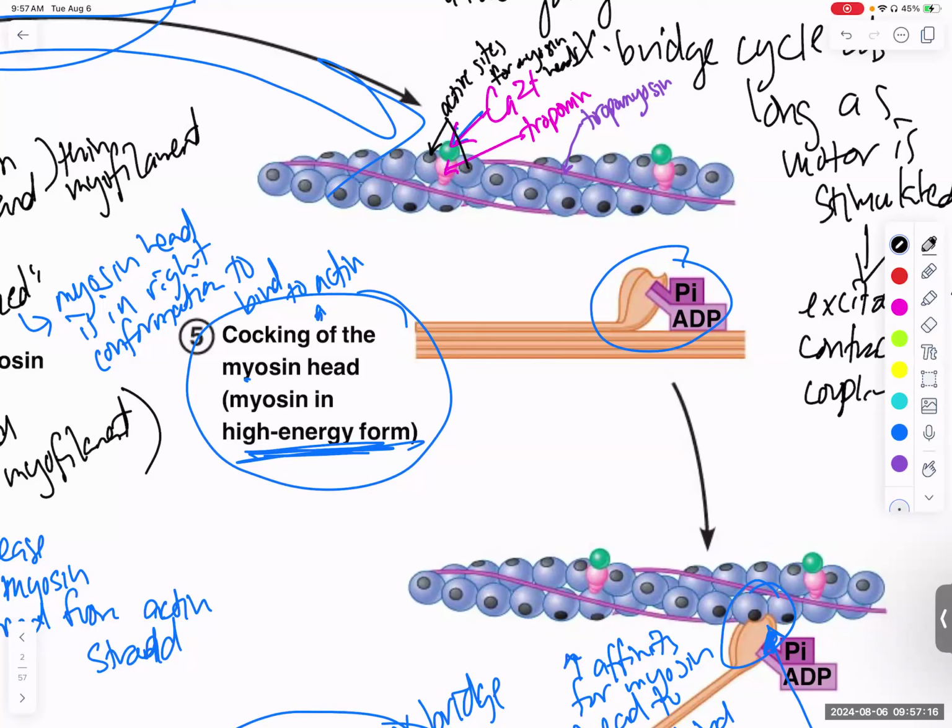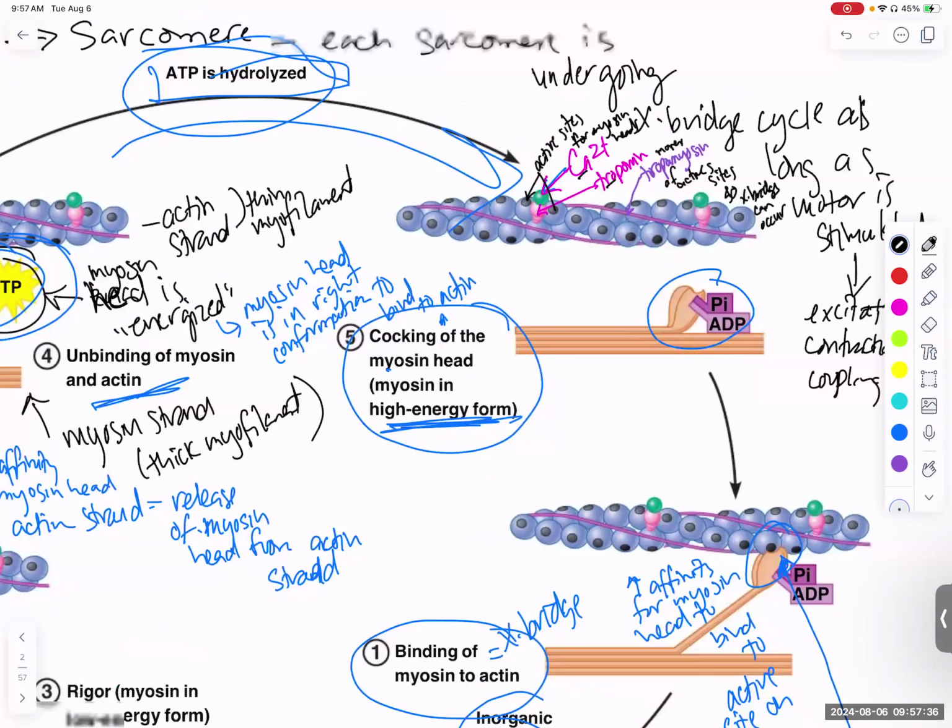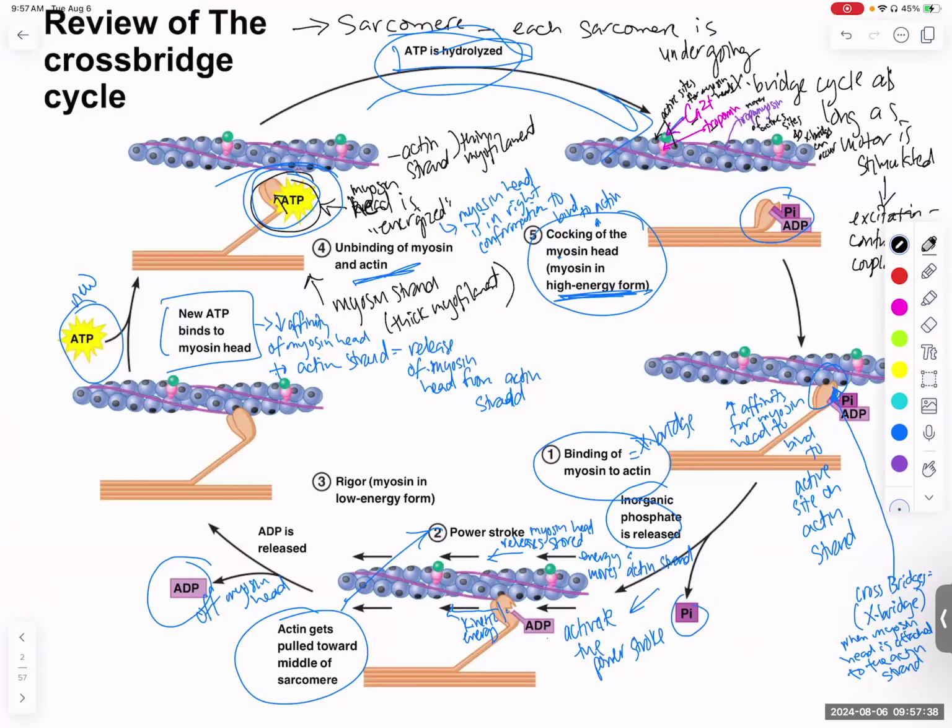So calcium's bound to troponin. It's going to move tropomyosin off active sites, so cross bridge can occur. So again, we have to have calcium present in order to have the active sites open so myosin heads can reach across and form a cross bridge with the actin.